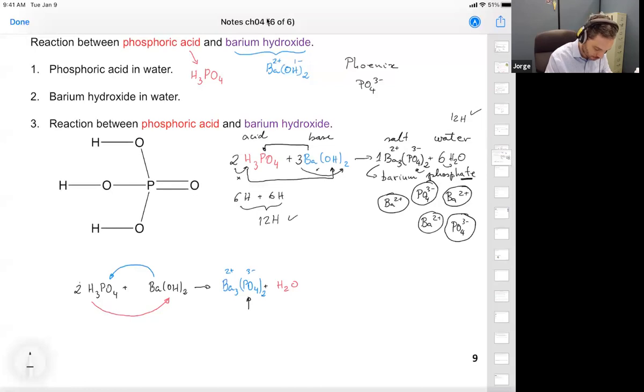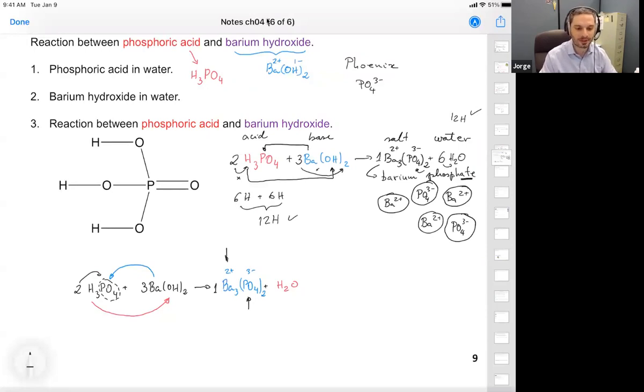This number 2 is multiplying this whole unit here, PO4. Now look at the barium. We have 3 bariums in the products. Therefore, we need to have 3 in the reagents. And there is always going to be a number 1 here for the salt.